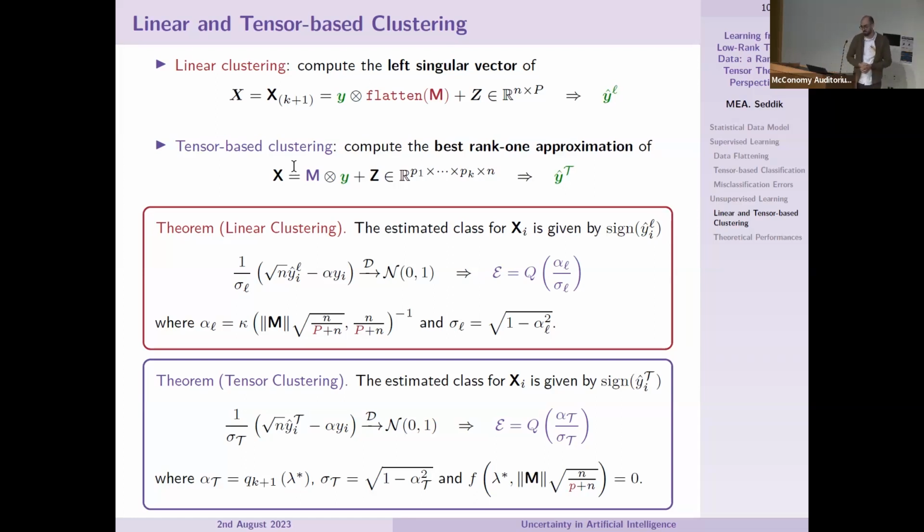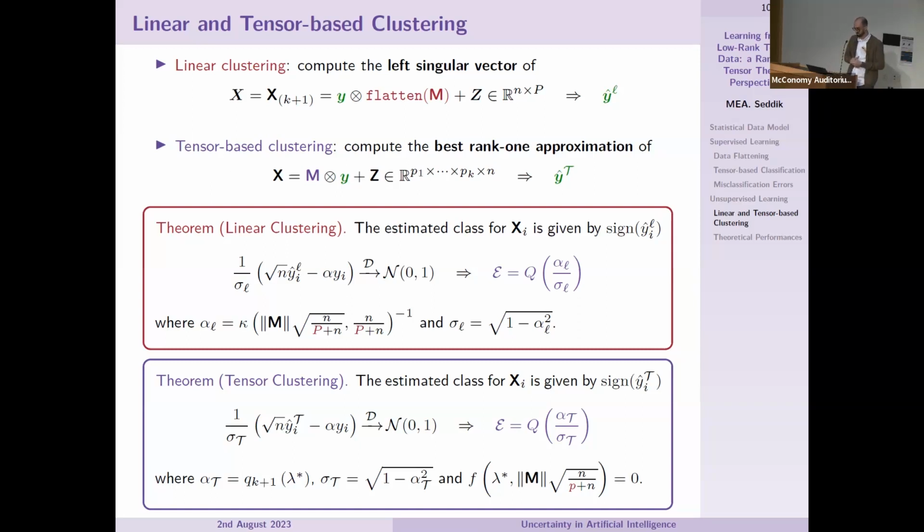So we have the setting of an unsupervised clustering problem. Again, if we assume that we don't have access to labels and we apply just a linear clustering approach, where we reshape the data tensor into some huge matrix and apply spectral methods, the tensor approach would consist in performing best rank approximation.